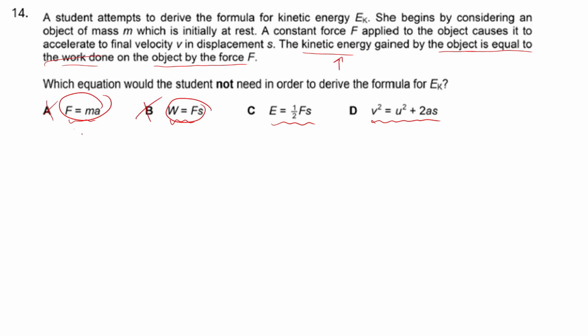So there's no way it can be A and B. Moreover, it says that a constant force F is applied to the object, which causes it to accelerate to a final velocity v and displacement s, right? So when we need to solve it, we actually need to use this kinematic equation. So this is not the answer. Thus, by elimination, our final answer is C.